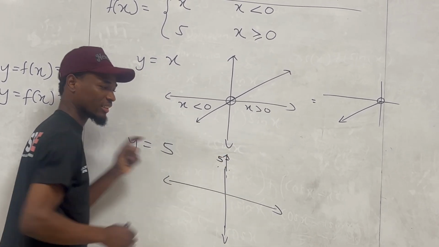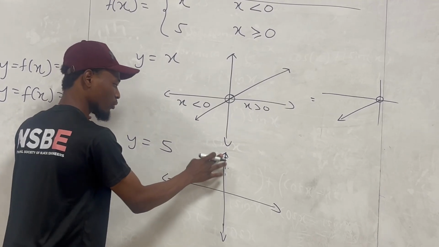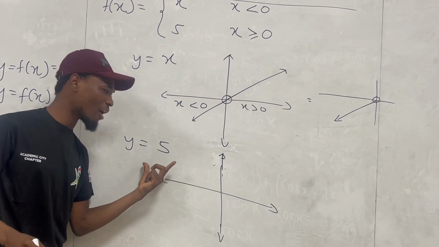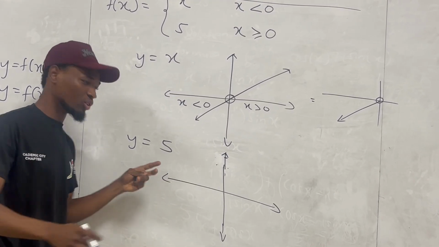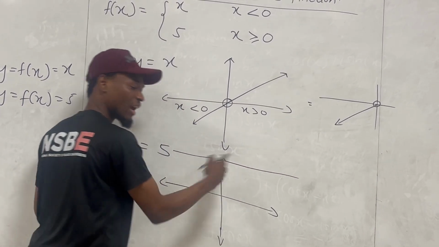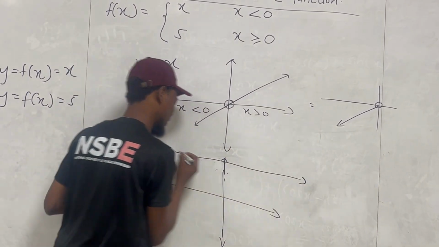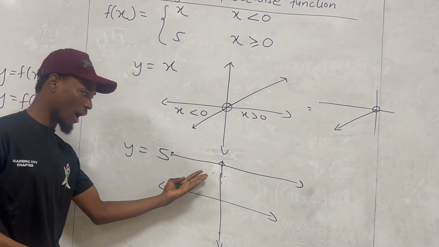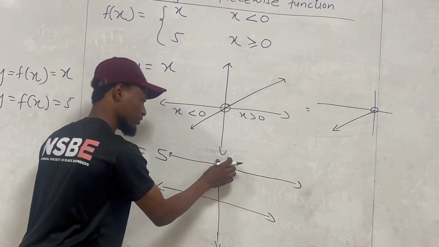Let's assume 5 is somewhere here. Whenever you have a number, in other words, whenever you have constants to graph, you just have to draw a horizontal line this way. As simple as that. So when I graph y equal to 5, I will have something like this.